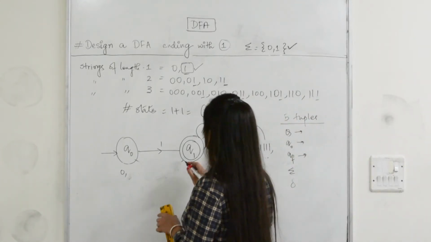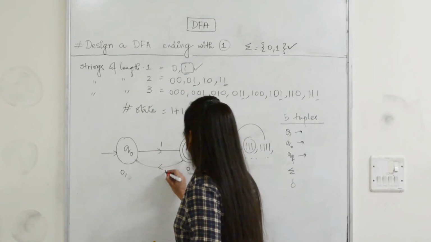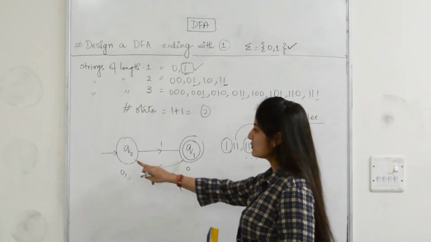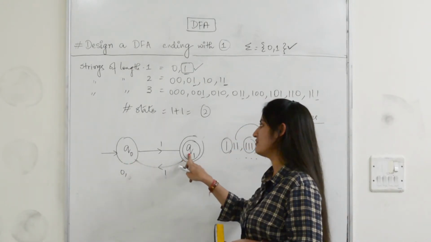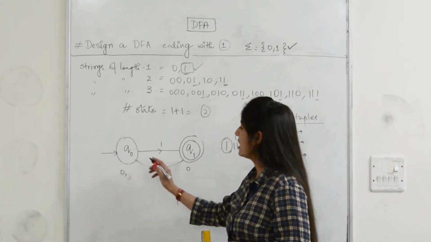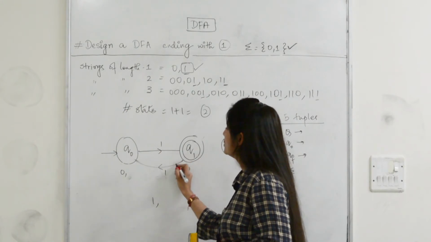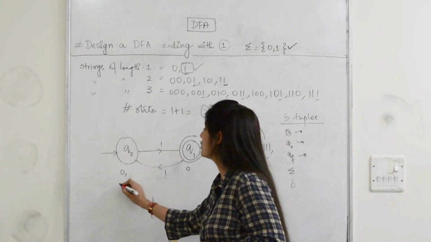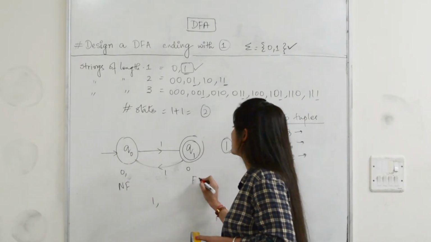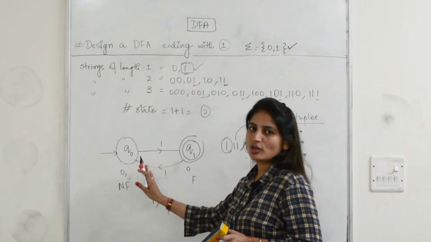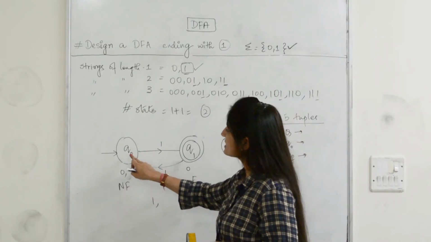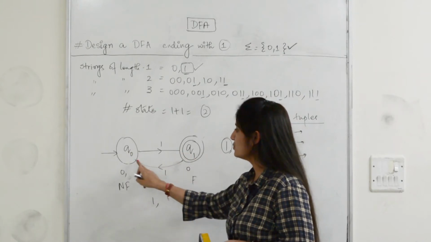Now if I take the transition this way and remove this one, what will be the strings accepted? We have to start from the initial state and reach the final state. So 1 is accepted, then again 1, 2, 2 ones reach the non-final state. This is your non-final state and this is your final state, so these 2 ones are not accepted because the string ends on a non-final state. Again we start from the initial state: 1, 2, 3.